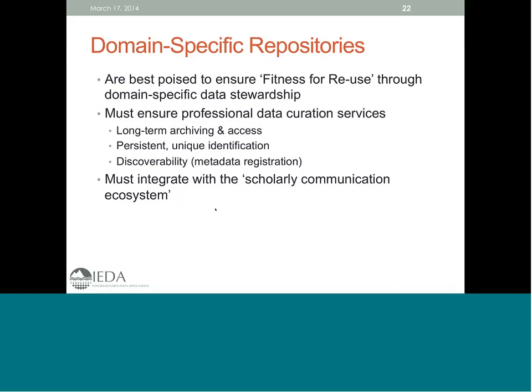They must clearly have the same professional data curation services that I mentioned before, like long-term archiving, the persistent unique identification, and metadata registration with DOI, so the data sets can be discovered. And they must integrate with the publishing world and the scientific literature.